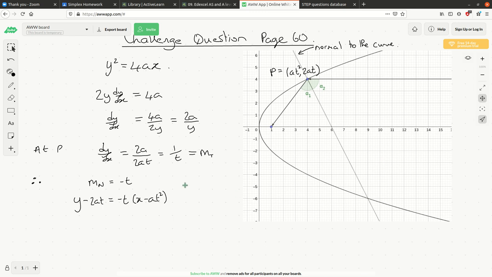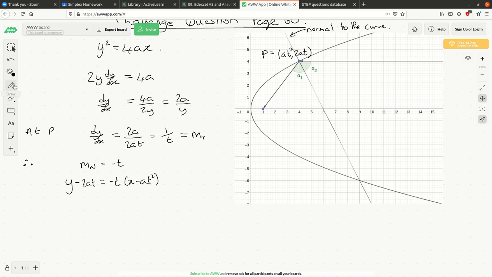Trust me on that. Use this, don't use y equals mx plus c. Never use y equals mx plus c in conics unless the question requires it and asks for it in y equals mx plus c. Okay, we can now simplify that, and I think you'll see that you're going to get y plus xt equals 2at plus at cubed.